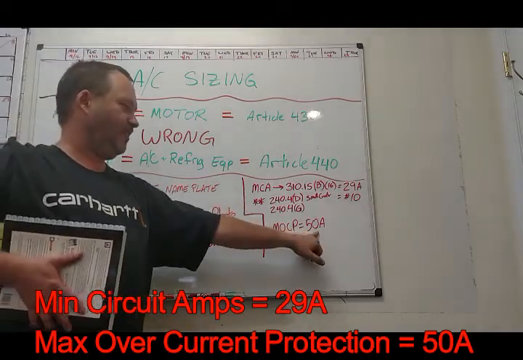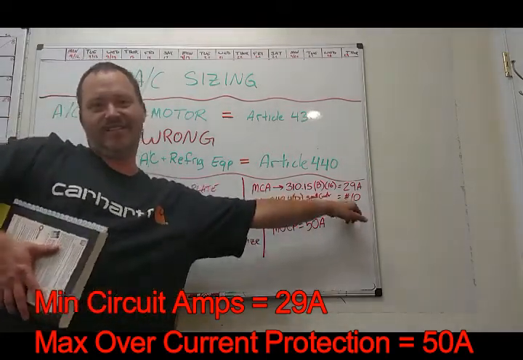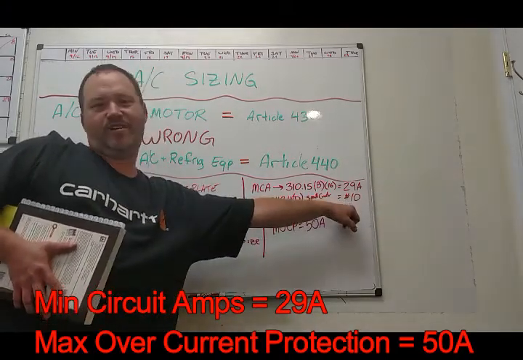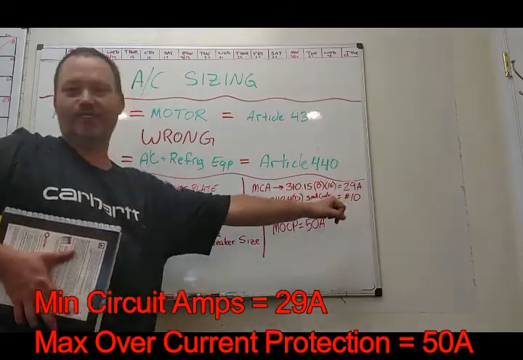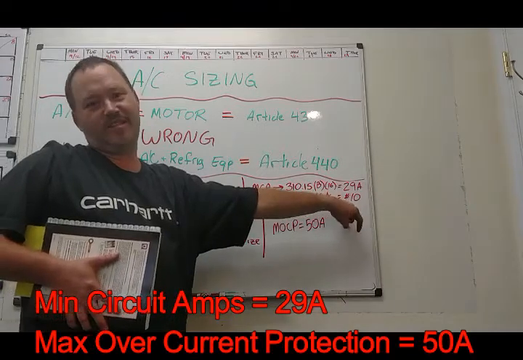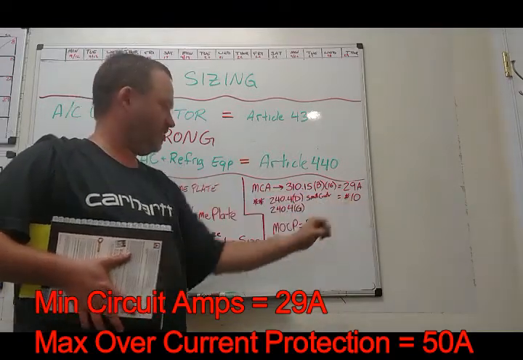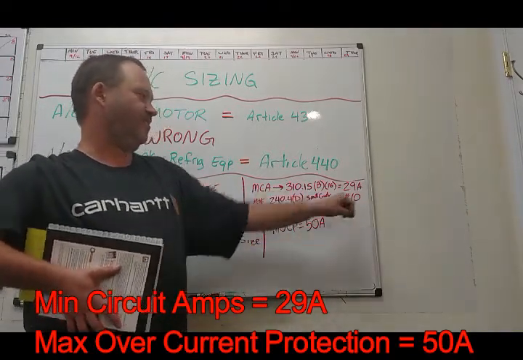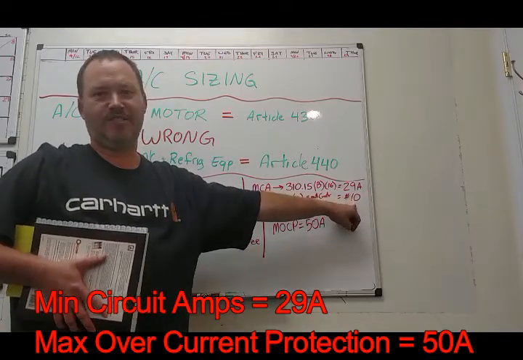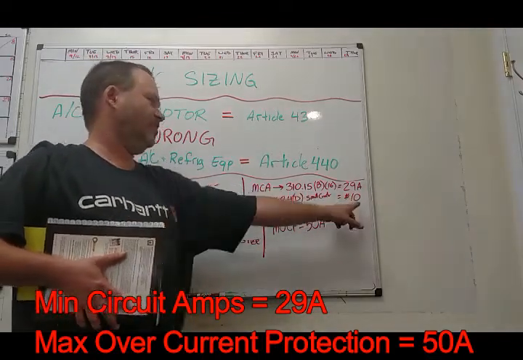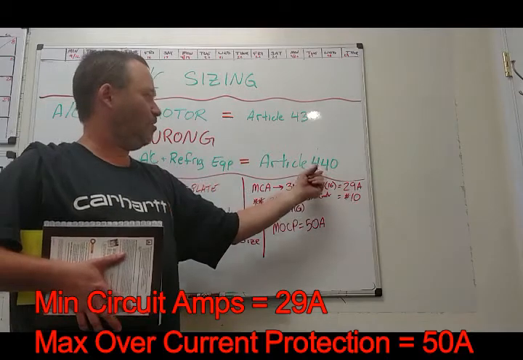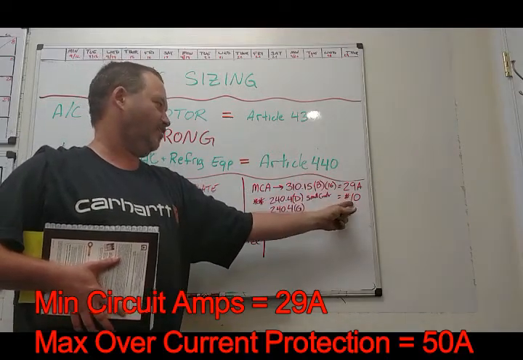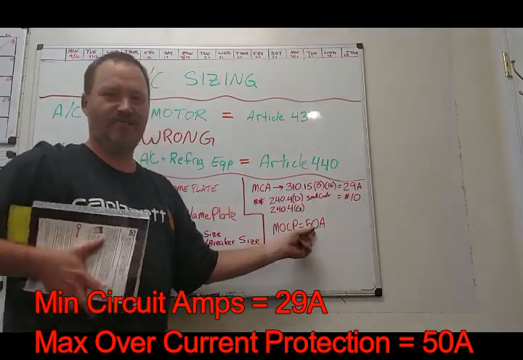So you're putting a 50 amp breaker protecting number 10. The number 10 will survive the 29 amps, and the inrush is not going to melt the number 10 in the few seconds that it runs. The 50 amp breaker is there to provide the inrush protection without tripping the breaker. So it is perfectly acceptable under Article 440 to put a number 10 wire protected by a 50 amp breaker.